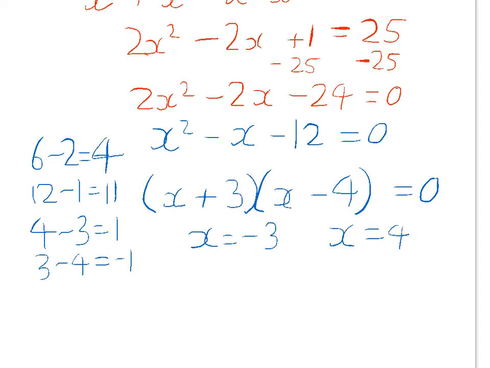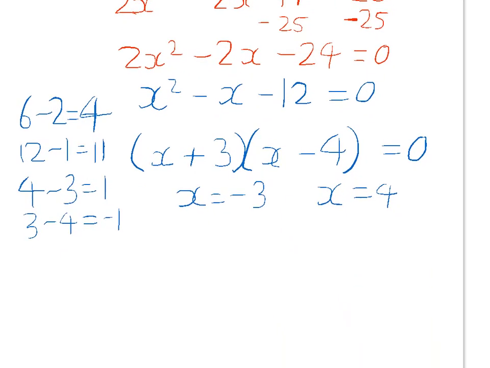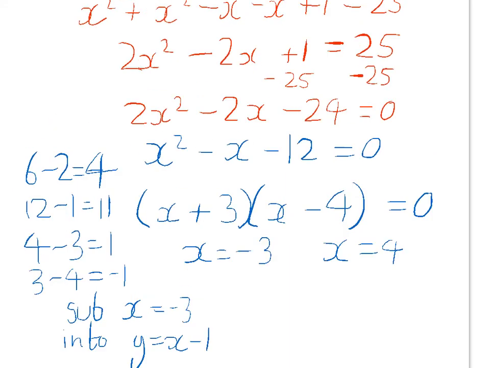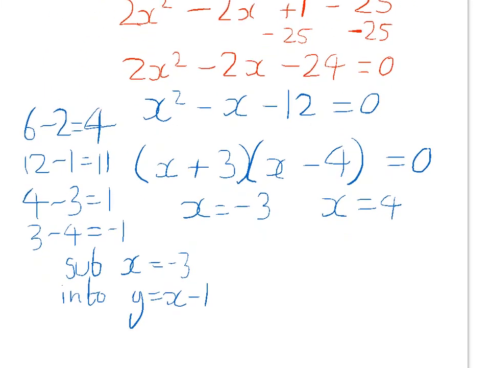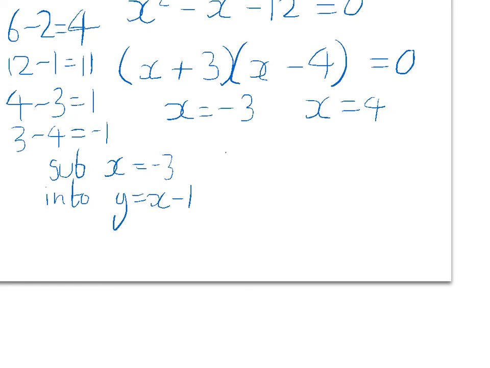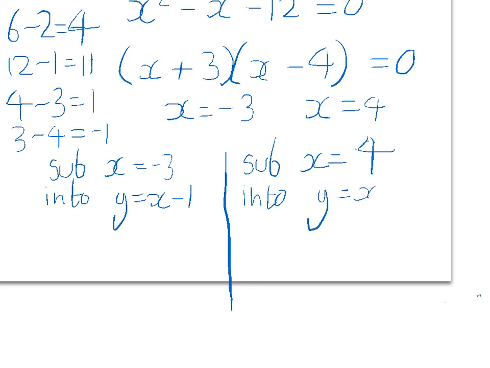As before, now we've got our x components, so we need to find our y components. So we're going to sub x equals minus 3 into y equals x minus 1, and we're going to do the same but with 4. So sub x equals 4 into y equals x minus 1.